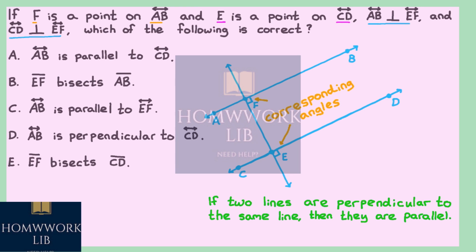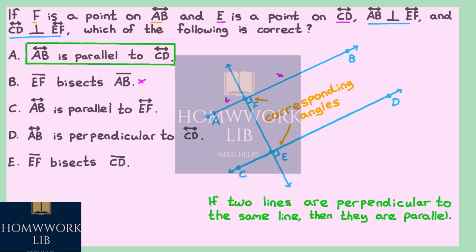Alternatively, we can use the specific result that any 2 lines perpendicular to the same line are parallel. Hence, the answer is option A. The line between A and B is parallel to the line between C and D.